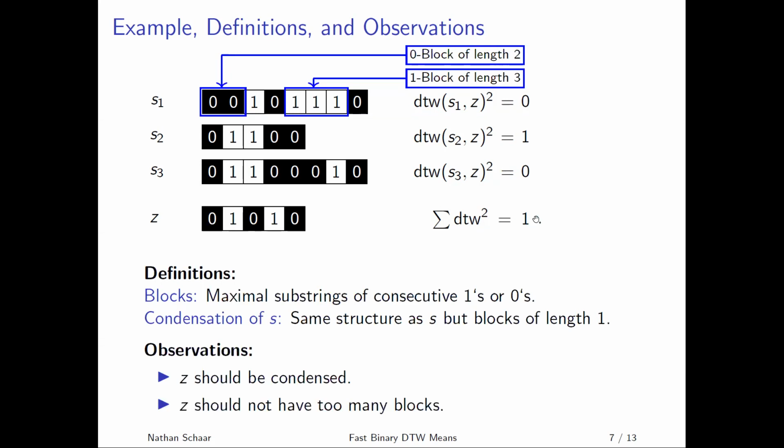And also, you can see that Z should not have too many blocks. For example, imagine there was an additional 1 and additional 0 here, then we could already align this part perfectly to everything in S1 and S3, and then we just have garbage at the end, which gives us a higher distance.